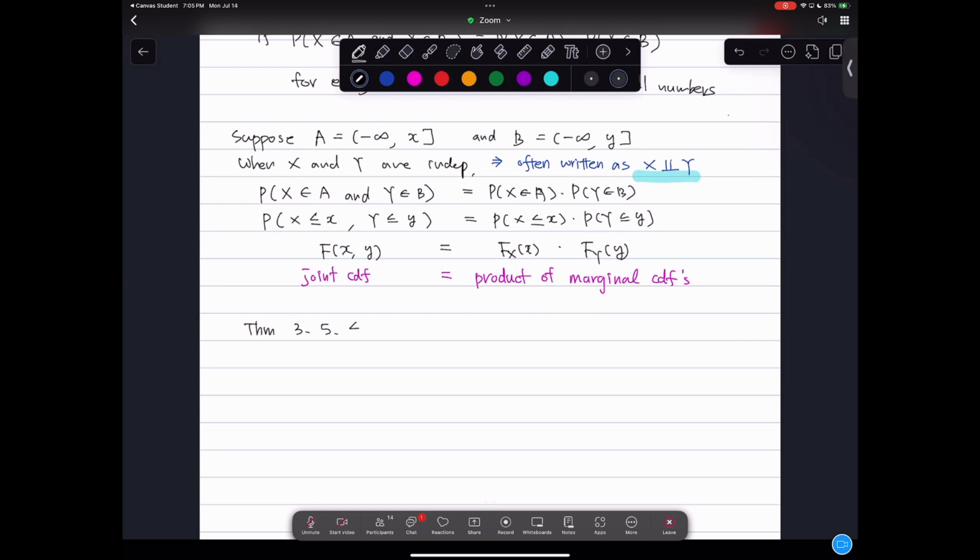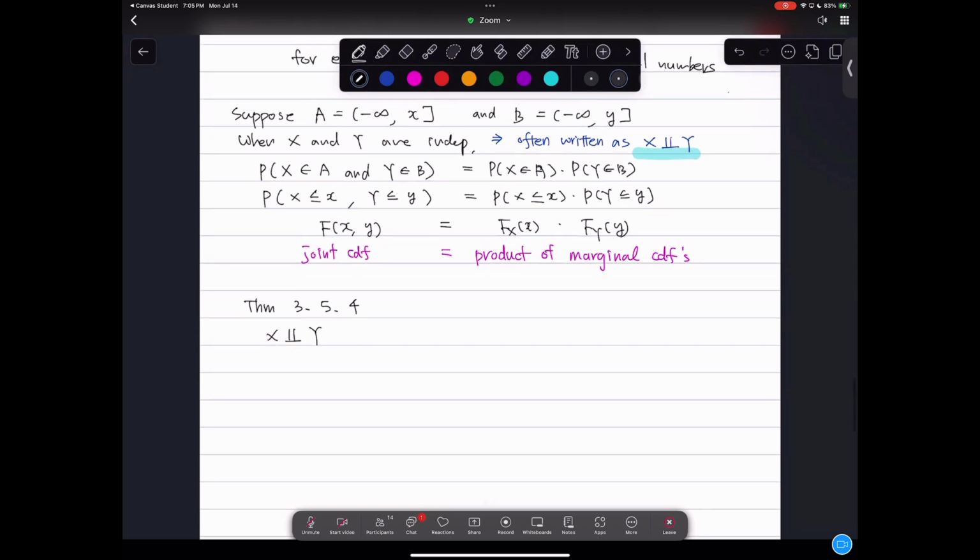It says your x variable and y variable are independent if and only if, and I'm going to write it as IFF, if and only if your joint f of x y equals the product of the marginals, f of x times f of y. So I just did it anyway, so that summarizes it for you.